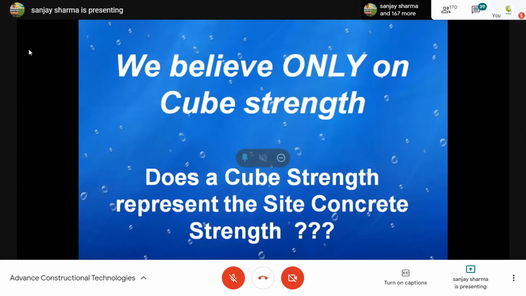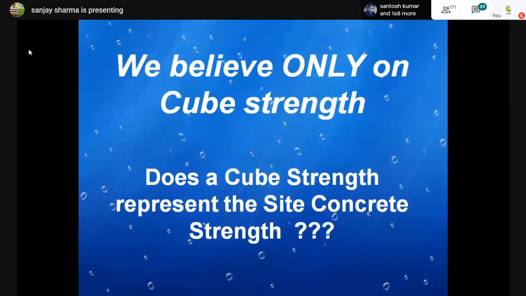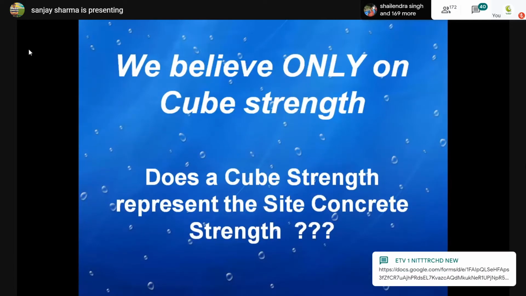But we all understand that because of the factors of mixing, batching, curing, etc., and other factors which go into the concrete making chain, the conditions may be different compared to the conditions under which the cube is cast. So it may not always be true that the cube strength we are getting is there at the site or not.